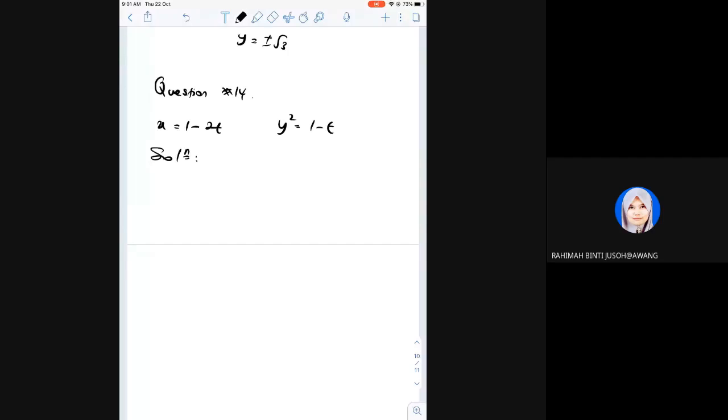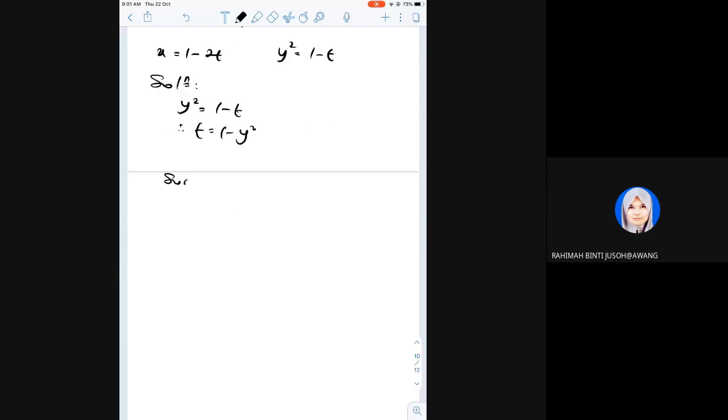So from Y, we have Y squared equals to 1 minus T. Therefore, T equals to 1 minus Y squared. Okay. So substitute in X. X equals to 1 minus 2 times 1 minus y squared.